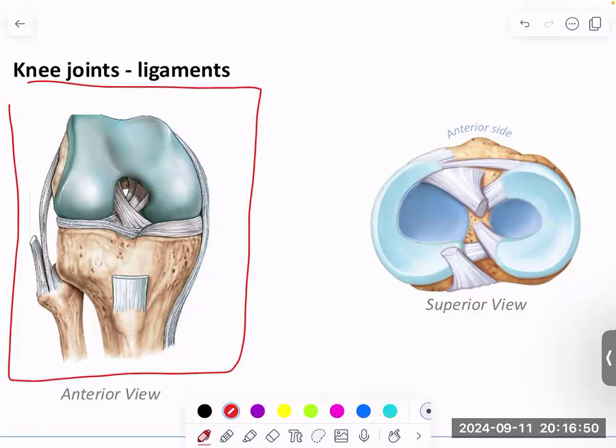I can tell you that's the right knee. How do I know? Because of the way that the bones are arranged. I need you to understand how these bones are arranged. Up top, this is the femur. This is the bone that is in your thigh. This one is the tibia. This is the bone that makes your leg.